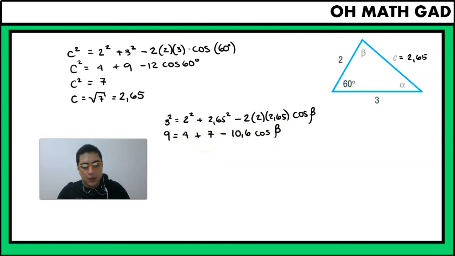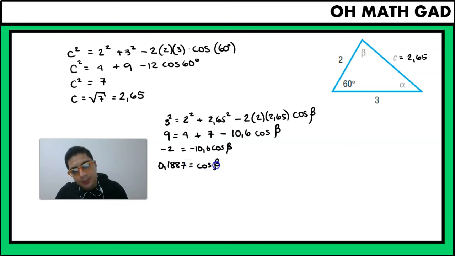So 9 minus 4 minus 7 is going to be minus 2 equals minus 10.6 cosine of beta. Because that 10.6 is multiplying, it's gonna pass dividing the minus 2, and that is going to give me a value of 0.1887 equals the cosine of beta.